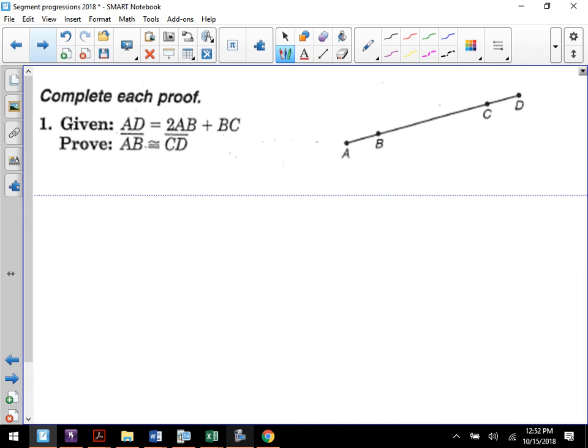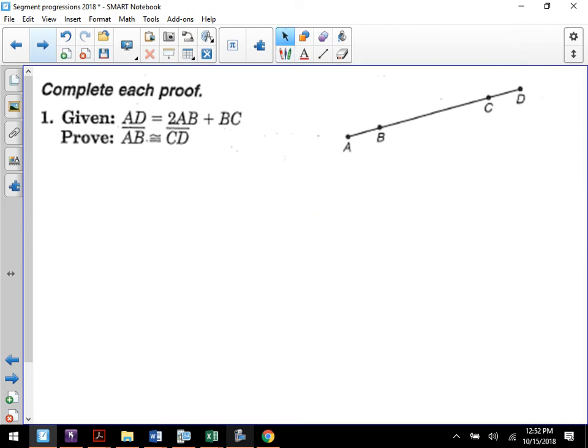So let's try one. Let's do a proof. Given segment AD is made up of 2 times segment AB plus BC. When you have your given, we have a given and we have a proof and a diagram.